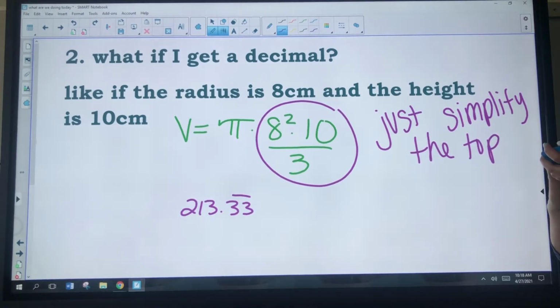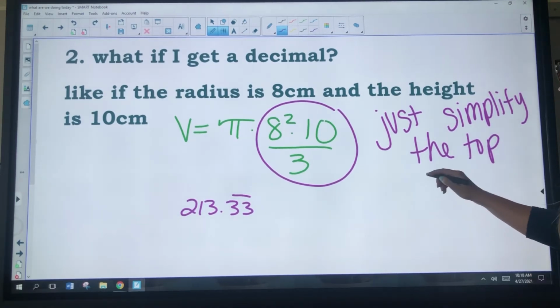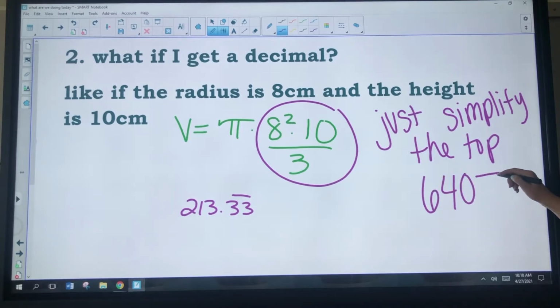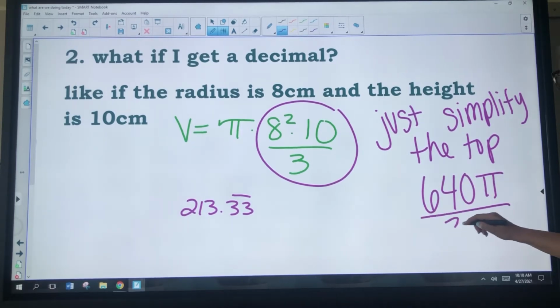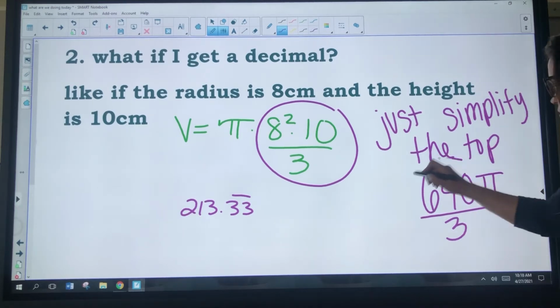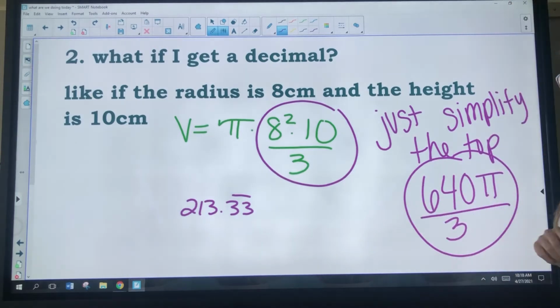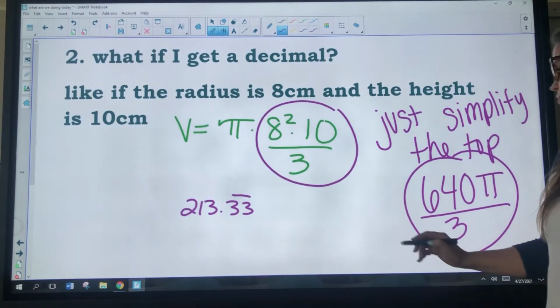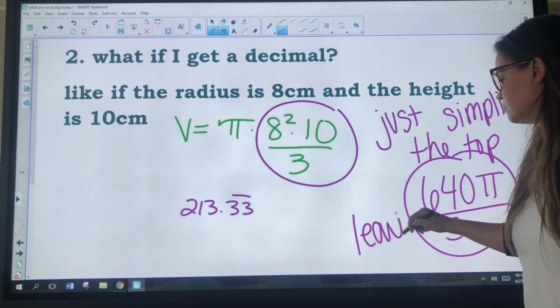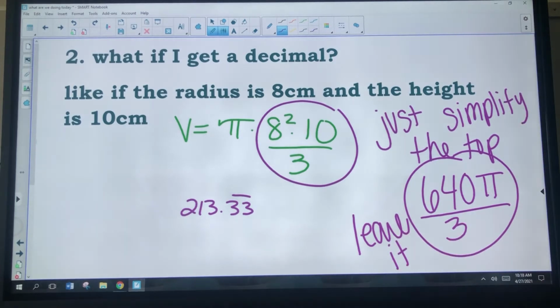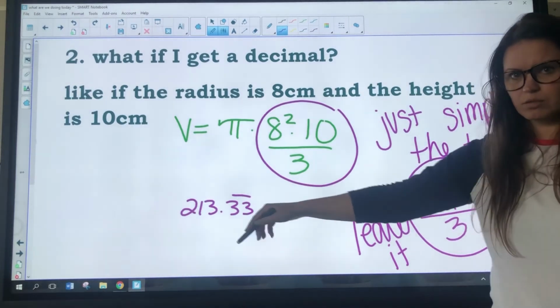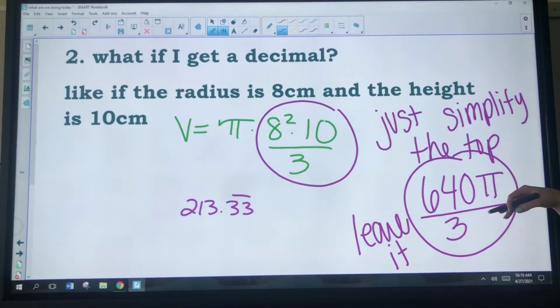Eight squared times 10. And you're going to leave it as 640 pi over 3. That's the exact value of 213.33 pi. Just leave it like that. Because 640 divided by 3 is how you got 213. So just leave it as 640 divided by 3 as a fraction. Because please tell me you know a fraction is just a division problem.